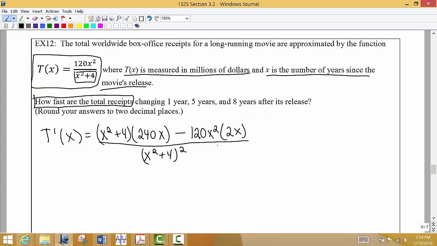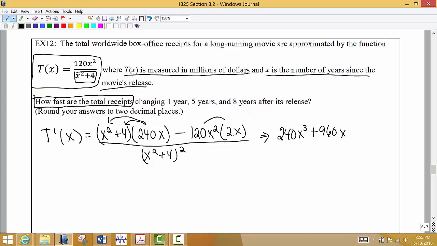Okay, we're going to use this to evaluate, so we're going to simplify a little bit here. I'm going to distribute 240x into the parentheses. So I get 240x cubed, and 240x times 4, I get plus 960x.